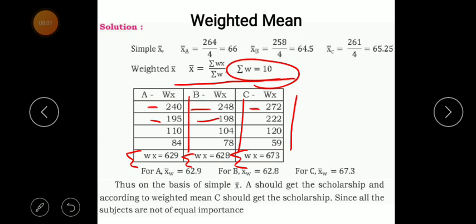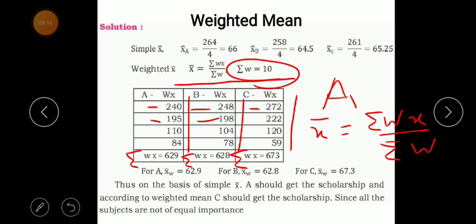Now for a, mean is x bar equal to summation wx upon summation w, which is equal to 629 by 10, that is 62.9. Here 62.9. You have to show this calculation. Here the calculation is not shown, but you have to show it.